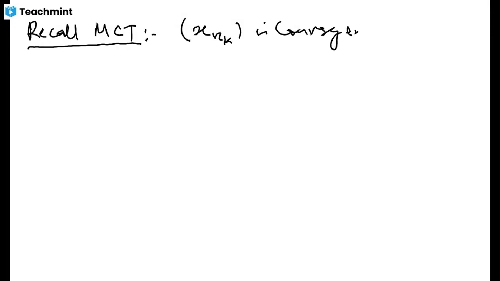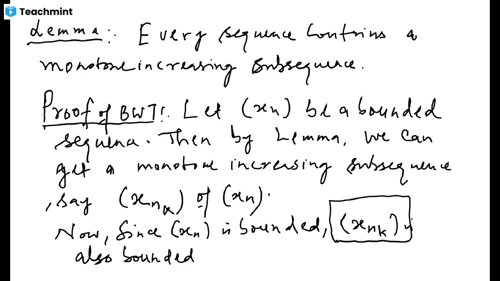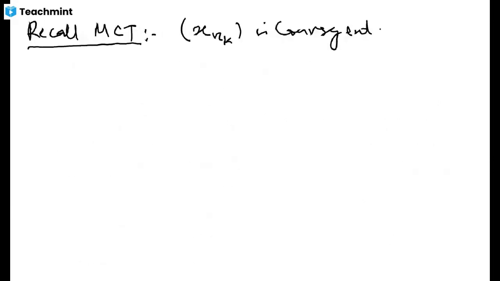So we had a bounded sequence xn, and through using this lemma and hypothesis, we have been able to show that this sequence has a monotone and bounded subsequence X_{n_k}. Then by the application of the monotone convergence theorem, we see that this subsequence is a convergent sequence. And this is what we had to prove, that a bounded sequence has a convergent subsequence. And this completes the proof of the theorem.